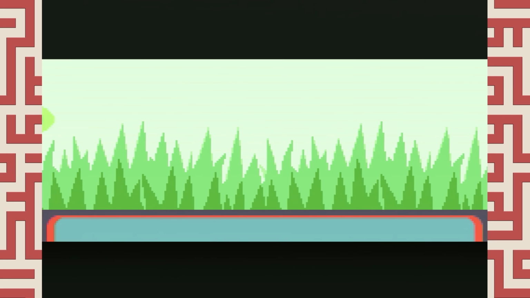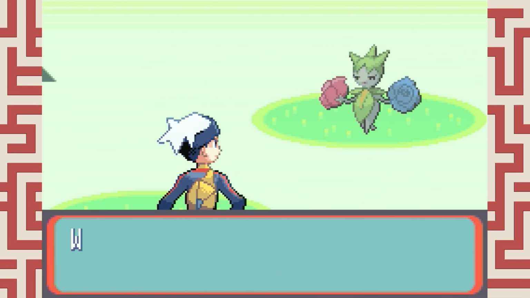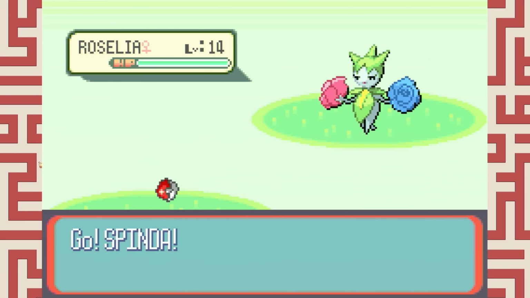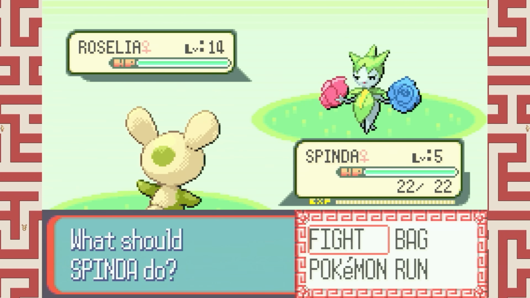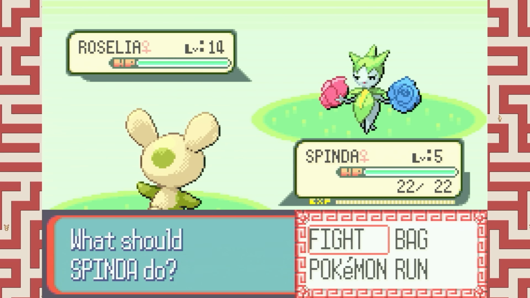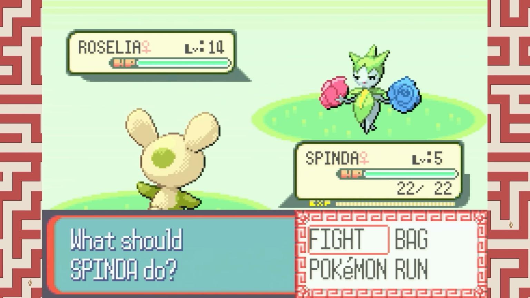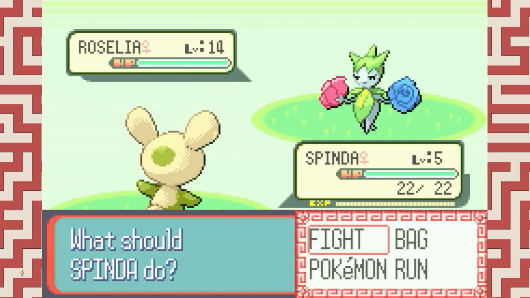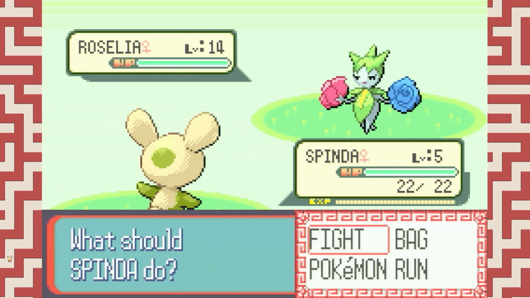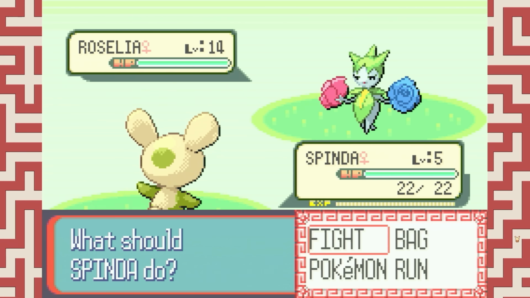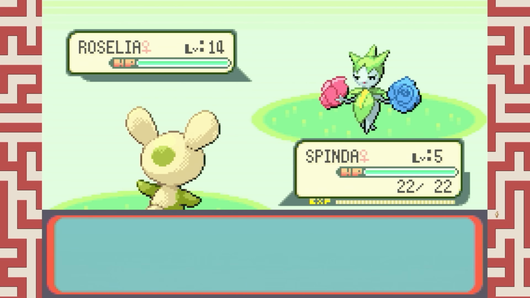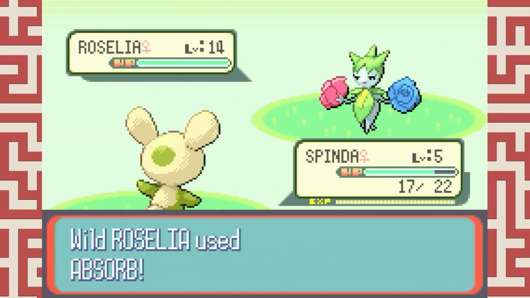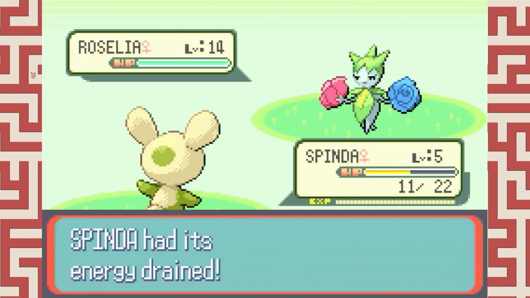So let's take a look at this beautiful, beautiful Spinda. What's funny is, in Gen 3, you can't even see the pattern from the back sprite, so this shiny sprite that we're looking at is no different than any other shiny Spinda in Gen 3, so you can't actually tell when it's sent out like that. Oh, right, and this is level 5, so no Escape.